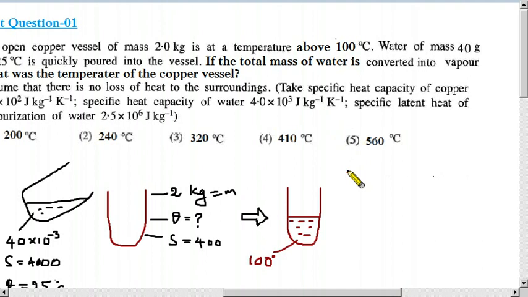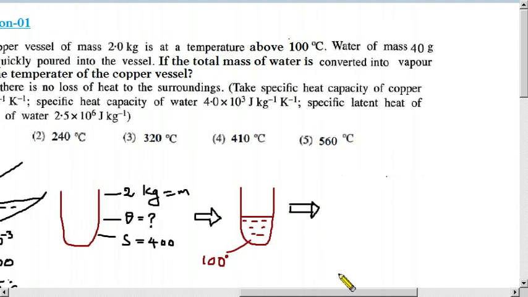Then what happens next? All these things happen together, but for our convenience we split this total incident into 2 steps. The vessel is there empty, so all the water is now converted into vapor.